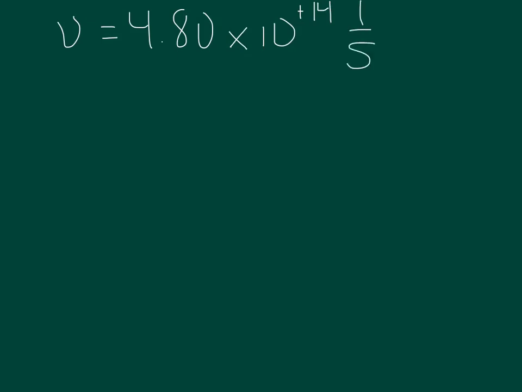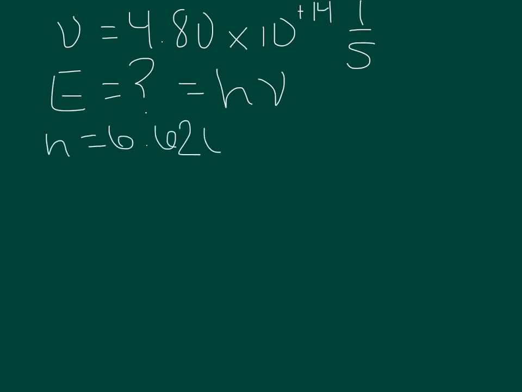So then I can go on knowing that I have my frequency equal to 4.80 times 10 to the positive 14 inverse seconds. I can now go on to find my energy for that wavelength of light. Energy is equal to Planck's constant times frequency, and Planck's constant is equal to 6.626 times 10 to the negative 34 joule seconds.